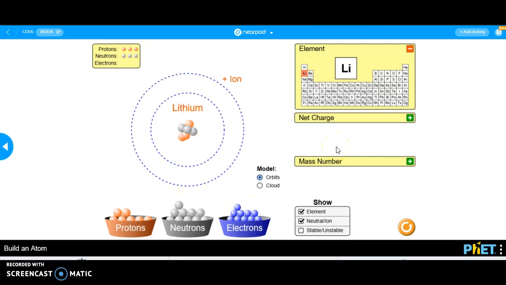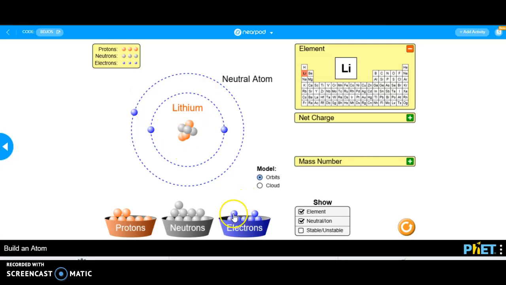Now, we want a negative charge, which means we want a negative ion. To make a negative ion, we put in more electrons than protons, because electrons are negative charged particles. So we want more negative charged particles than there are positive charged particles, which are protons. Right now we have a neutral atom.